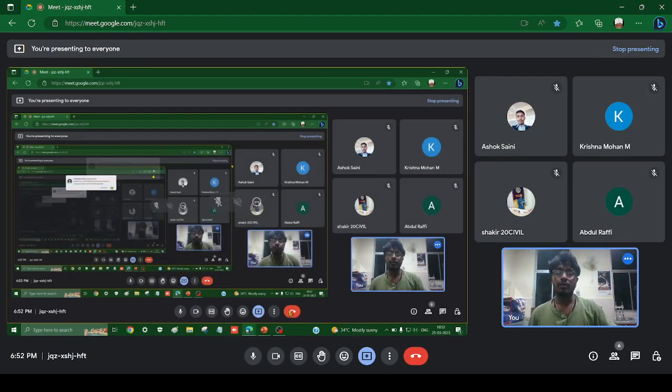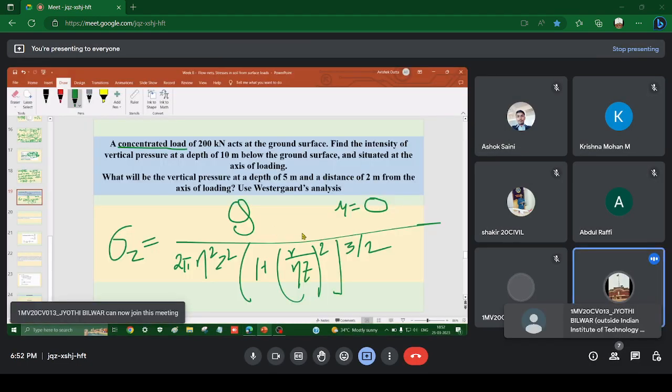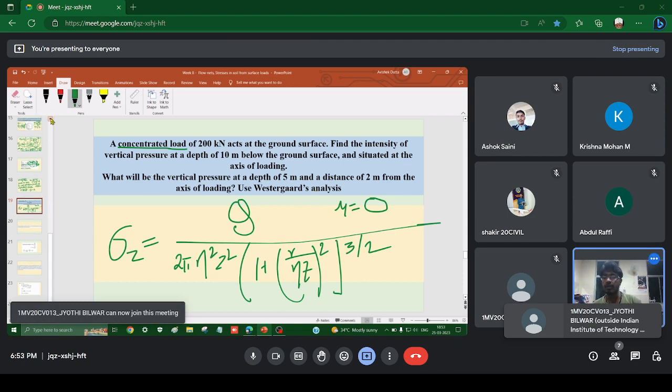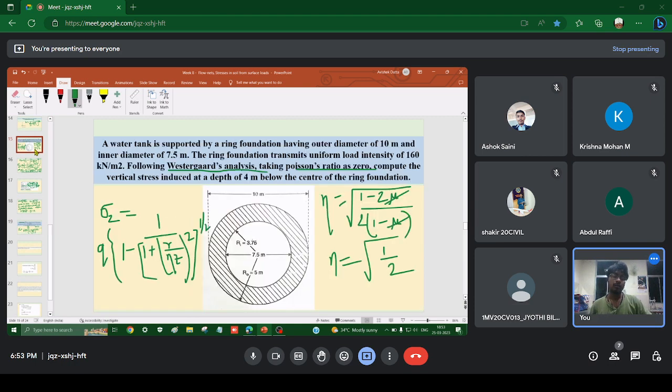So this is the formula. Now I have previously shown you the formula for eta.